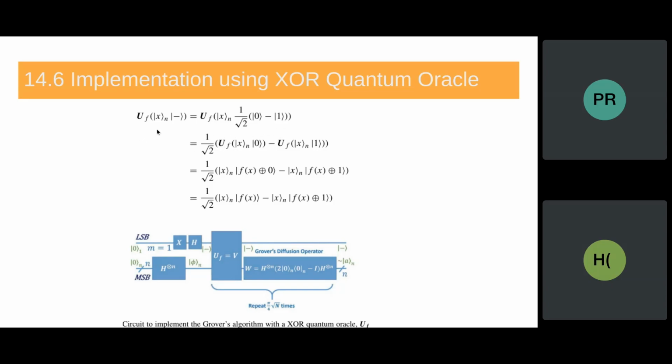We have done minus. So when we say minus, how do you obtain minus? If you have a bit which is initialized, and you apply a NOT operation on it and do a Hadamard, you can generate it. This is a qubit, right?